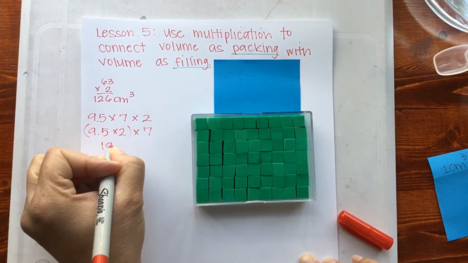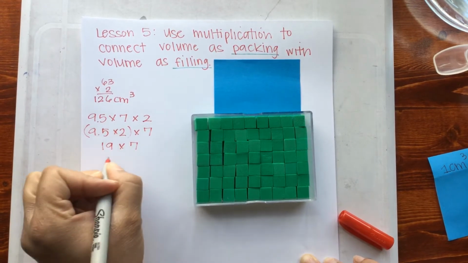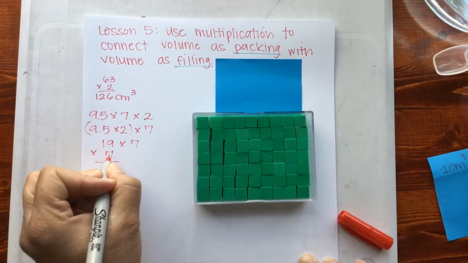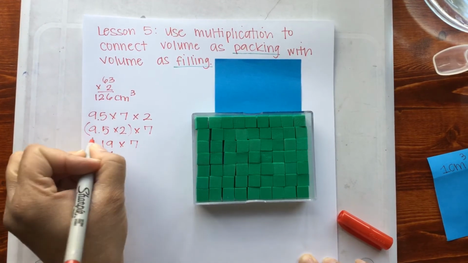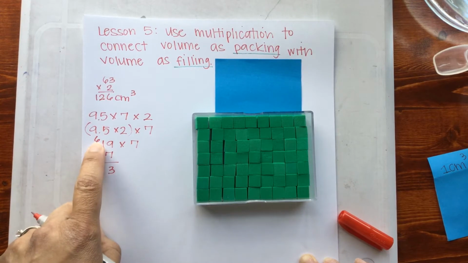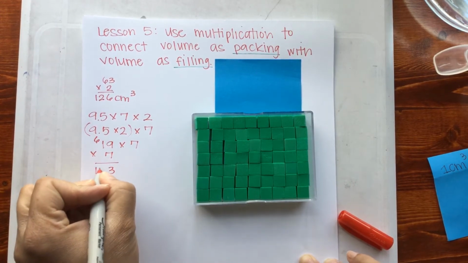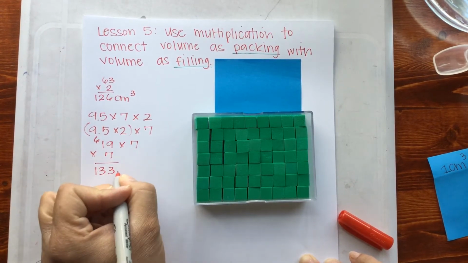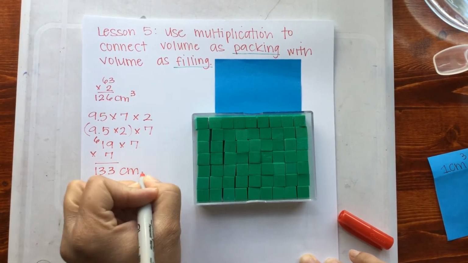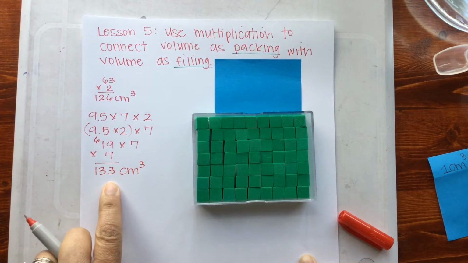So this is going to be 19 times 7. Now if I find that, 7 times 9 is 63. Carry my 6. 7 times 1 is 7, plus 6 is 13. So this shows me that my volume of this structure is actually 133 centimeters cubed.